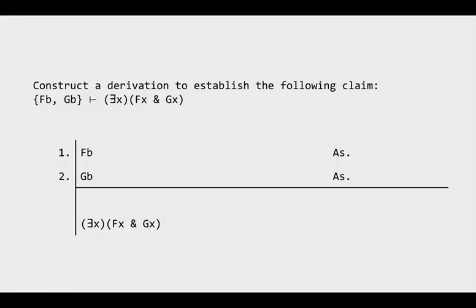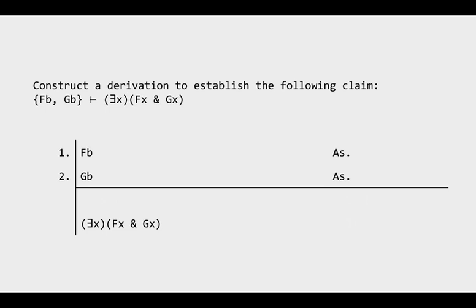Next problem. Again, we have a set, 2 sentences this time, and a sentence to be derived. I've set that up at the bottom there, and the content of the set I've put into the assumptions. So there they are.